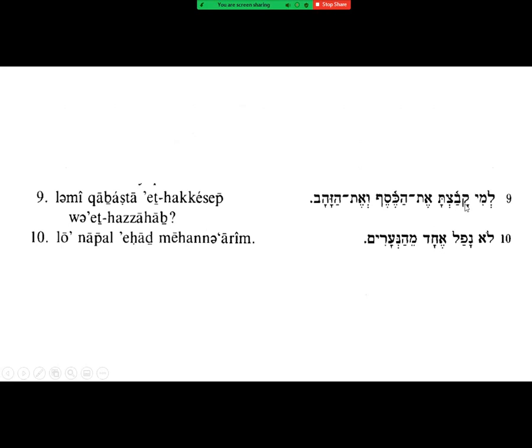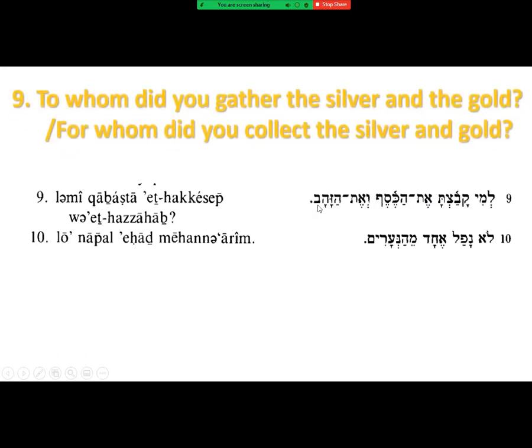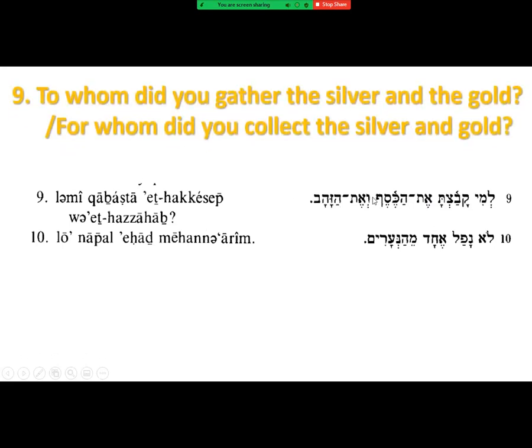This is like kibbutz is to gather. So who did you gather? Et hakesev, who did you gather the silver? For whom did you gather the silver? The et hazahav, zahav, which is gold. So who did you collect the silver and gold for? Okay, or for whom did you collect the silver and gold?